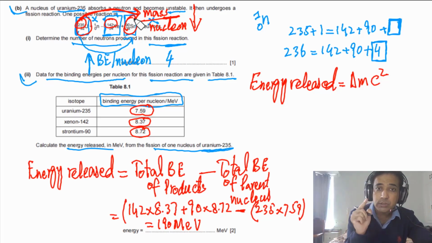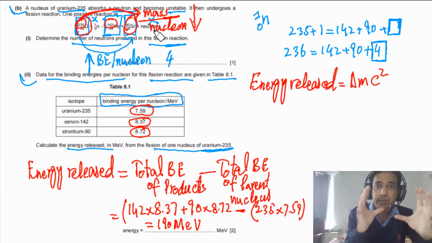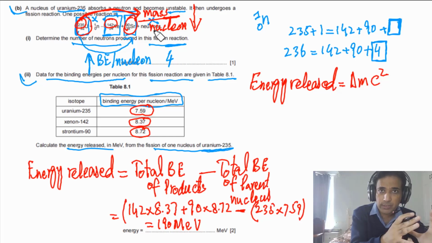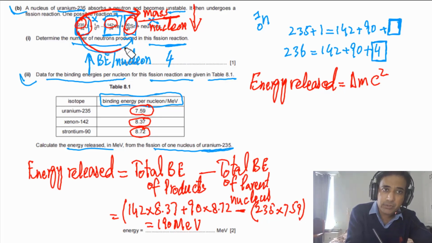But when you are using mass defect, you have to consider the mass of individual particles as well, because we calculate the difference between the total mass of the products and the total mass of parent nuclei. So these points you have to be clear about. And in every reaction, binding energy per nucleon of products is greater than binding energy per nucleon of parent nucleus. If these points are clear to you, you can handle these questions with confidence.